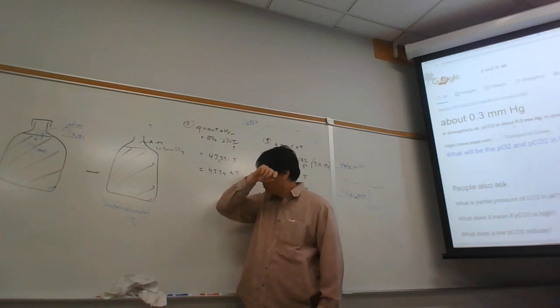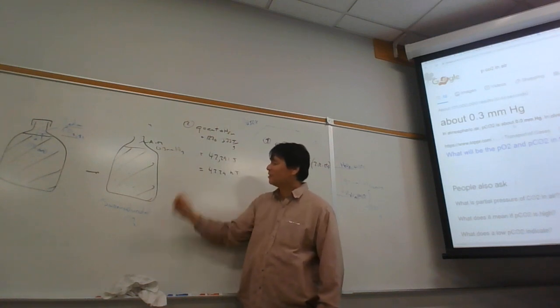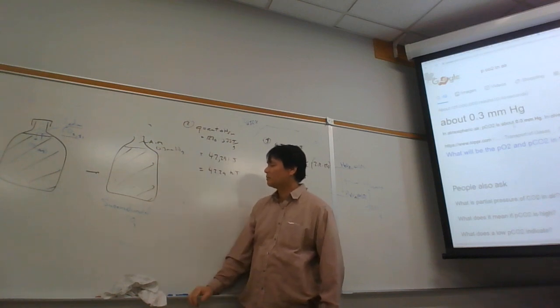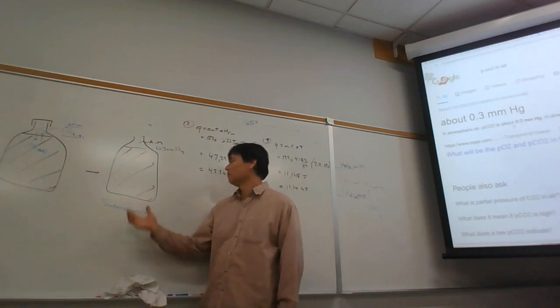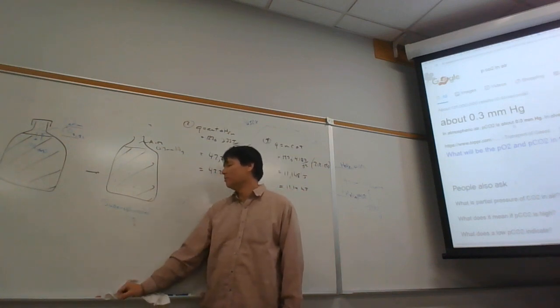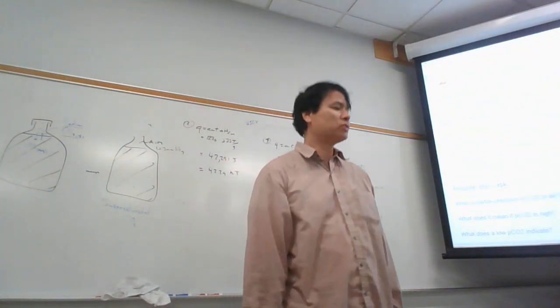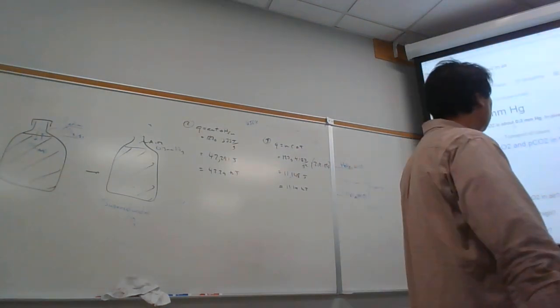And so one way of increasing this is shake it. If you shake this, what's going to happen? The CO2 is going to be degassed. Another way of getting bubbles to form, we like using boiling chips, like what we did in the lab. So you can drop some boiling chips in there.